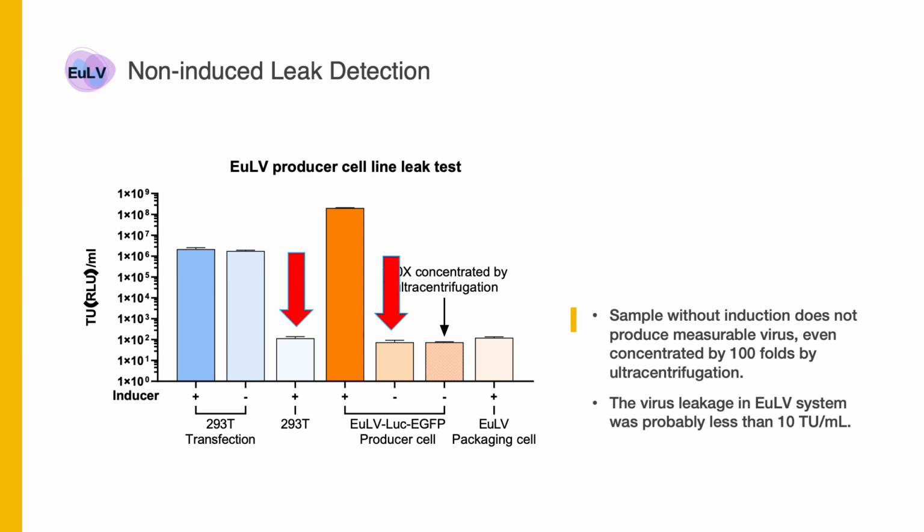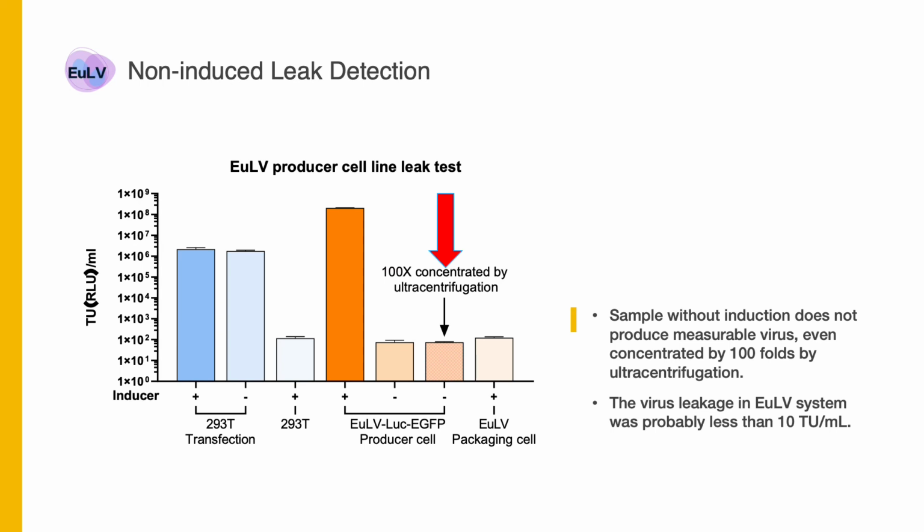The background noise measured in 293T and the EuLV packaging cell lines was around 700 TU per mil, shown as light blue and light yellow. When cultured in the same condition as the induced sample, the producer cell line without inducer produced virus with the same titer as the background, around 100 TU per mil.